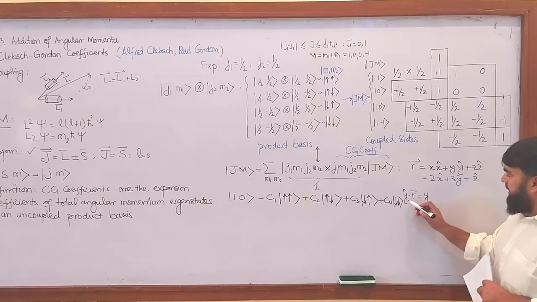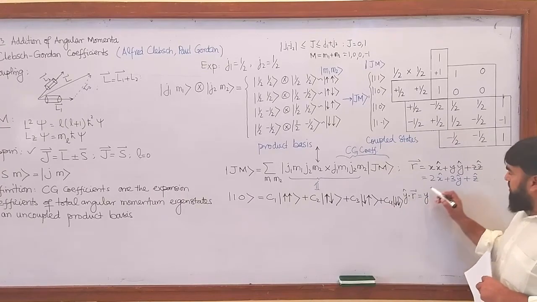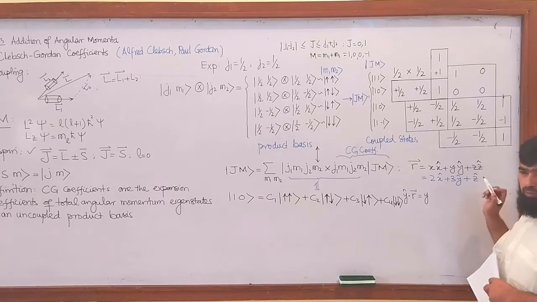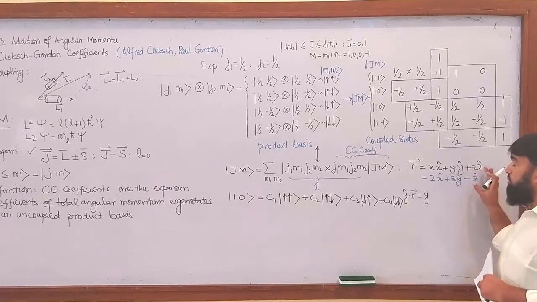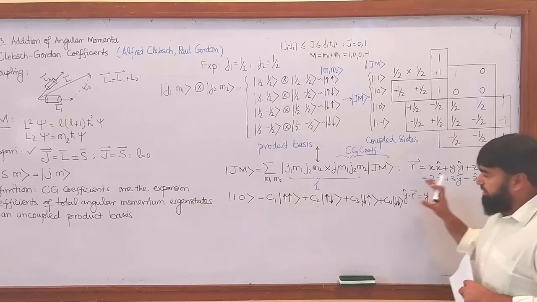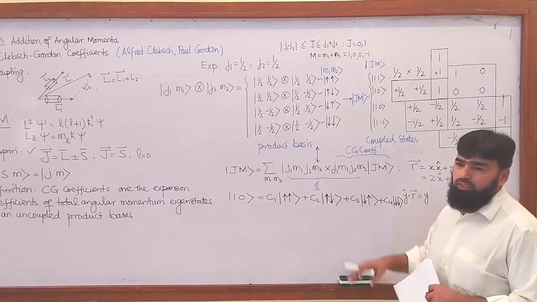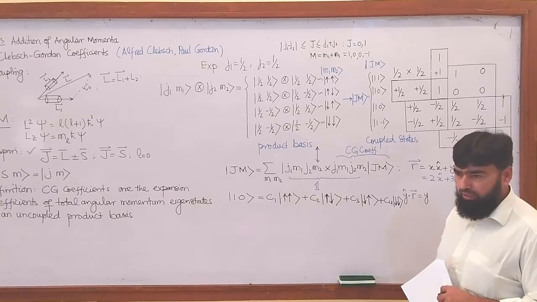Just like here, y dot R. Only y remained here, with x and z it came out to be 0, because these are orthogonal bases. Similarly, we are having these as orthogonal. Clear?